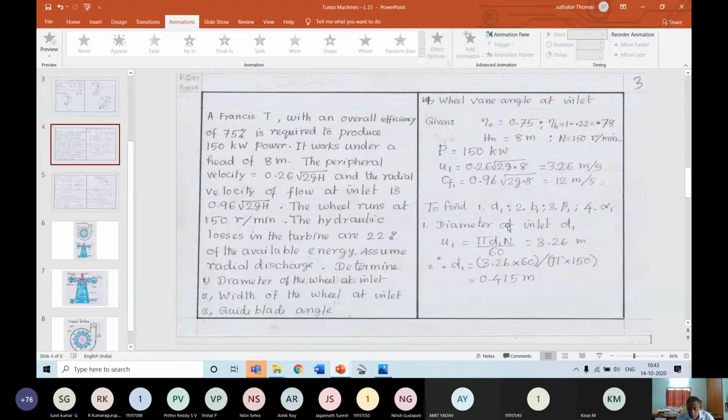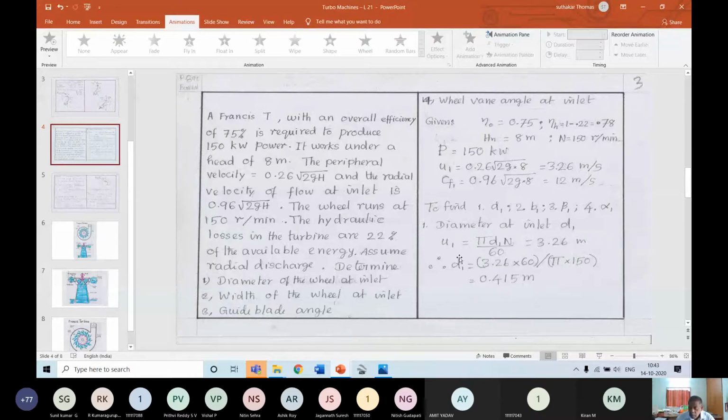So first, let us find out the diameter of the wheel at inlet. Of the four things, the first is the diameter, then the width B1, then beta 1 and alpha 1. These are the four things you are expected to calculate. The diameter at inlet D1 is given by the tip speed equation, U1 equal to pi D1 n by 60.